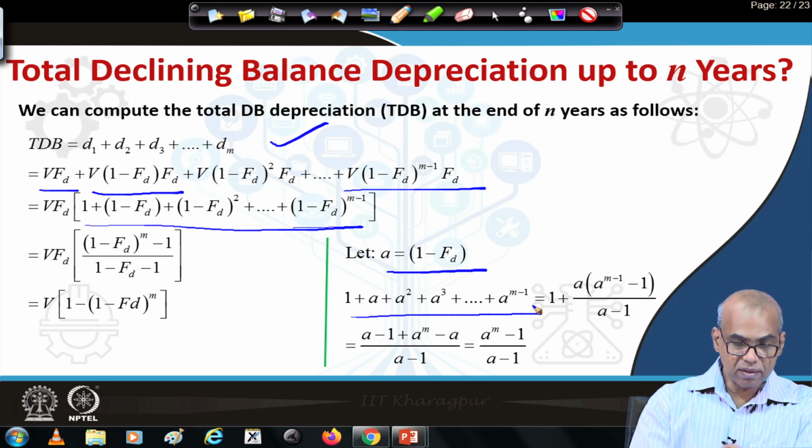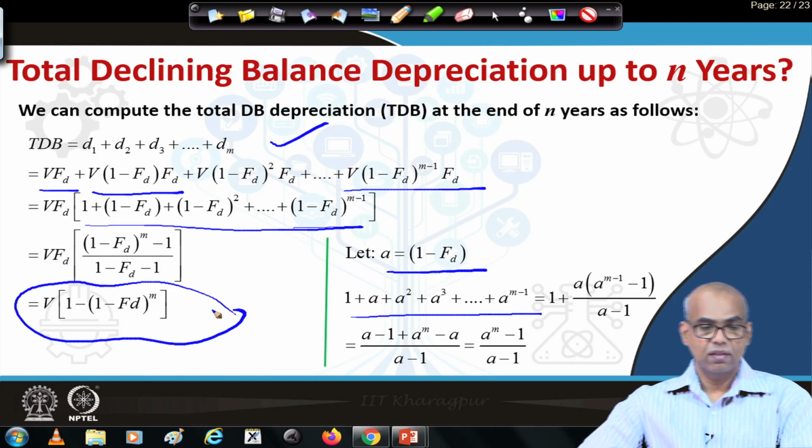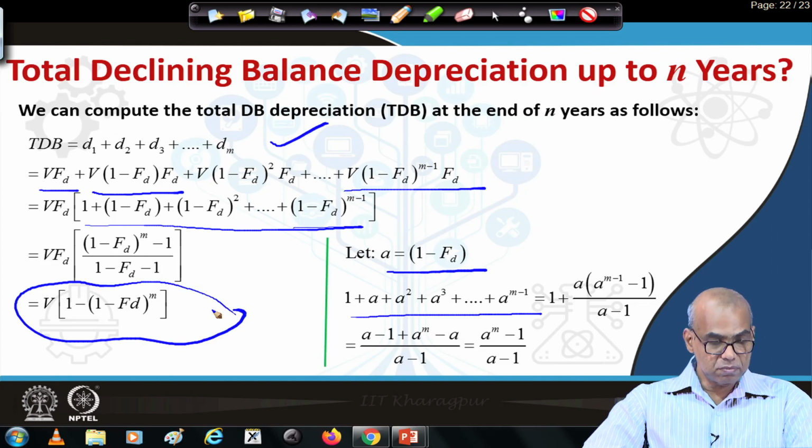So, if you do the algebra, you will get the total declining balance depreciation at the end of m years is V into 1 minus FD to the power m.